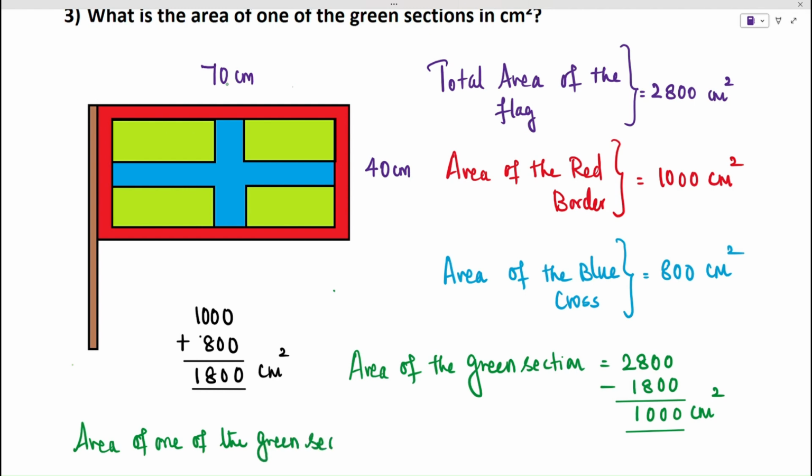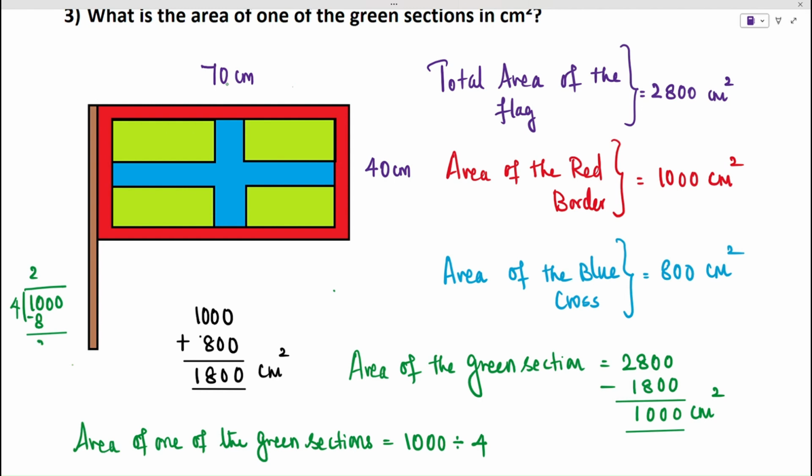And so we're going to set this up like we set up our division. So 1000 divided by 4. So 4 times 2 is 8. This gives a remainder of 2.